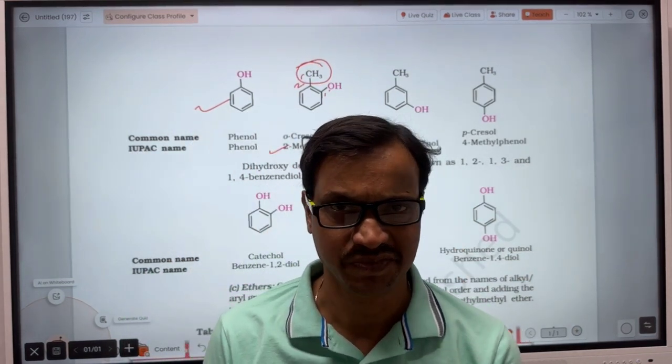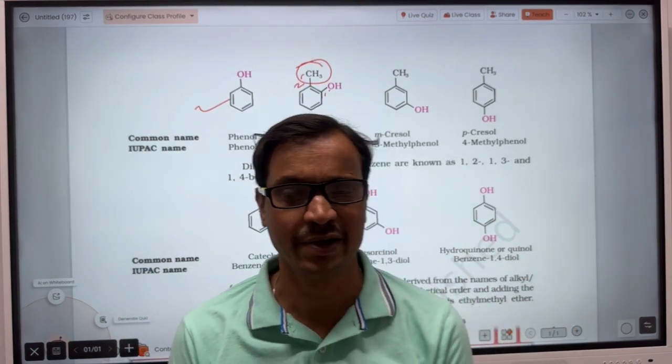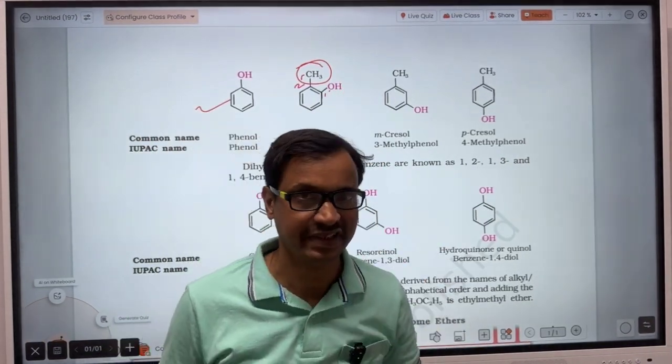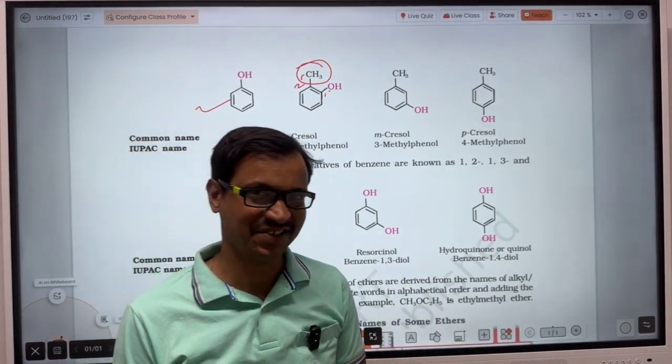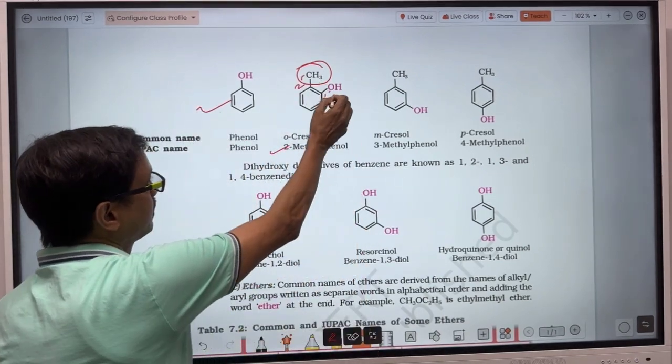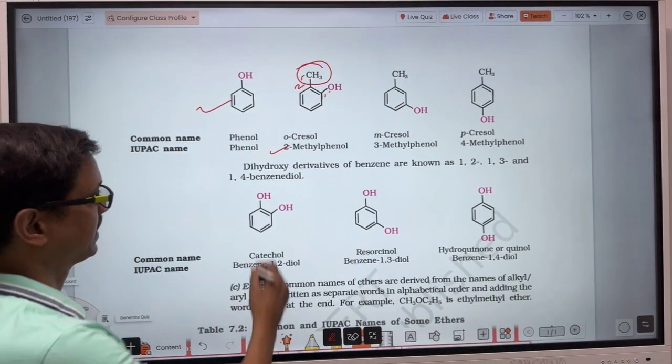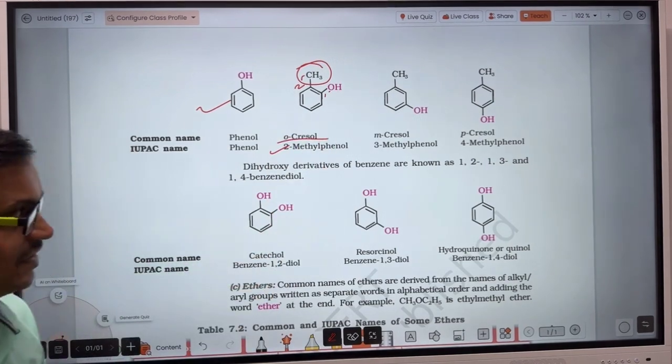when the methyl group and the hydroxyl group are both bonded to the benzene, then that is called cresol. And you know, they are here at ortho position with each other. That's why that is called orthocresol.